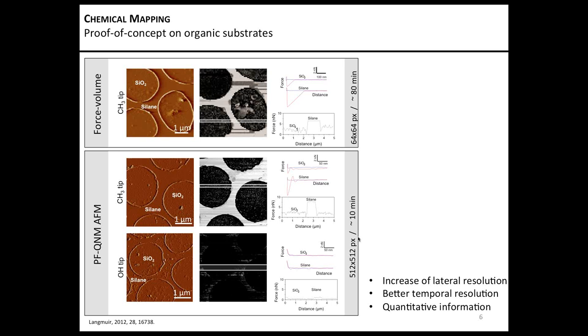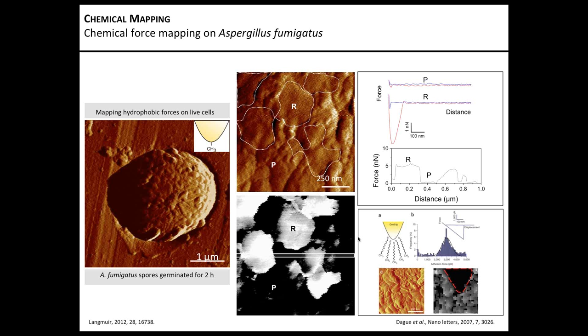We next try to go to a more complex sample, and we move to Aspergillus fumigatus cells, which is a human opportunistic pathogen. In this case, we try to map the hydrophobicity of the cell surface. The cell surface of this kind of spore, of fungi, is made of hydrophobin.